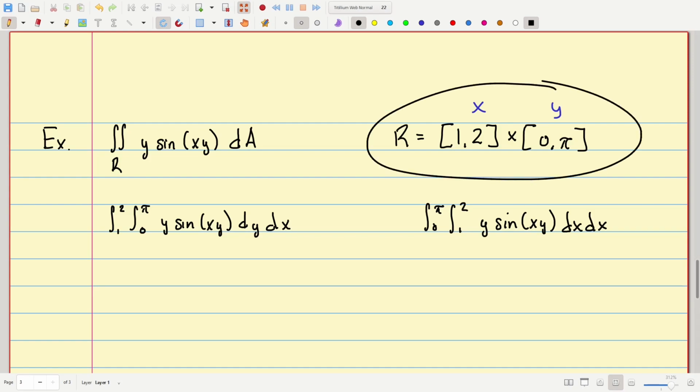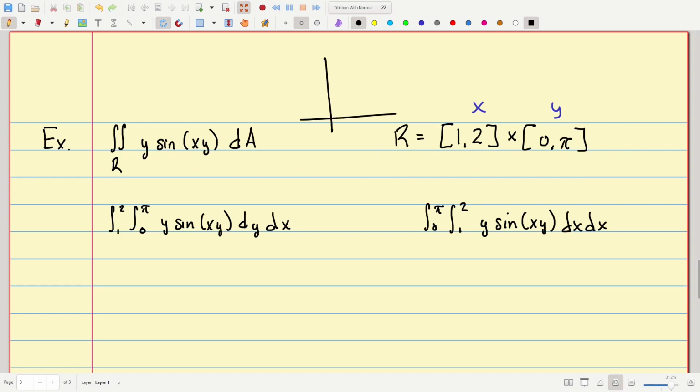This is a rectangle, because it's the Cartesian product of two intervals. So we have 0 to pi and 1 to 2. It's a rectangle.